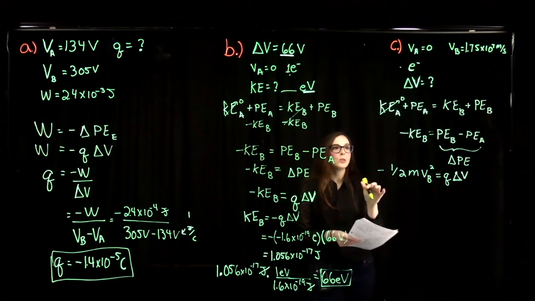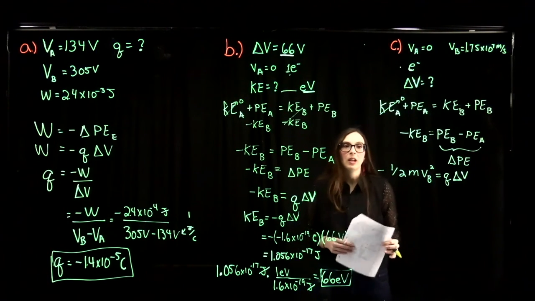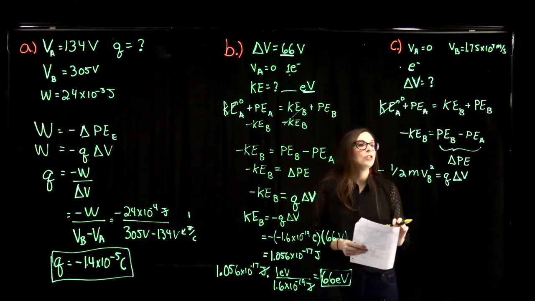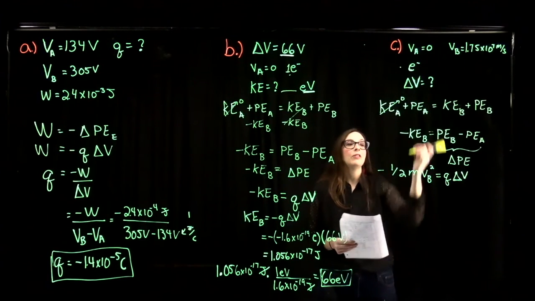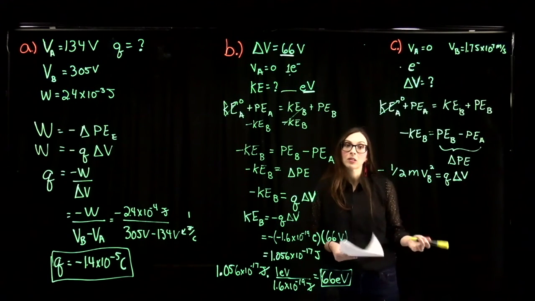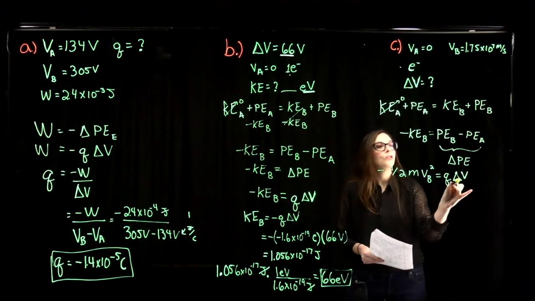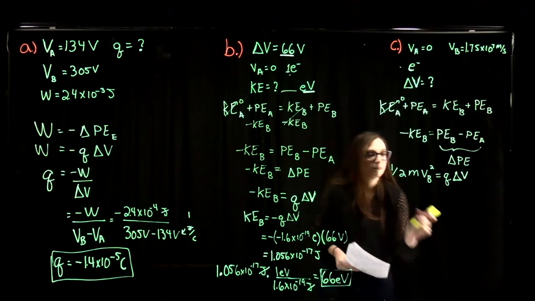So we have minus 1/2 mv squared is equal to Q times the change in my potential. I'm trying to solve for the change in the potential. I was given v here, and since I have an electron, I know the mass of the electron. I'm going to go ahead and solve this equation for the change in the potential, or the potential difference.